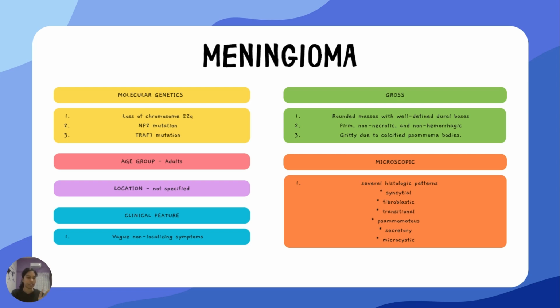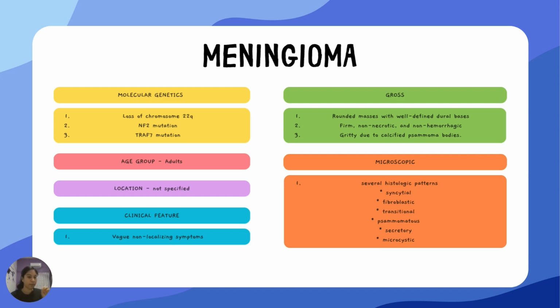As for the clinical features, there will be vague, non-localizing symptoms. Like you'll have headaches, you'll have seizures, some kind of deficits, because you don't know where it is affected. So it's really non-localizing symptoms. Then for the gross, the mass is rounded and well defined with dural bases, and it is firm.